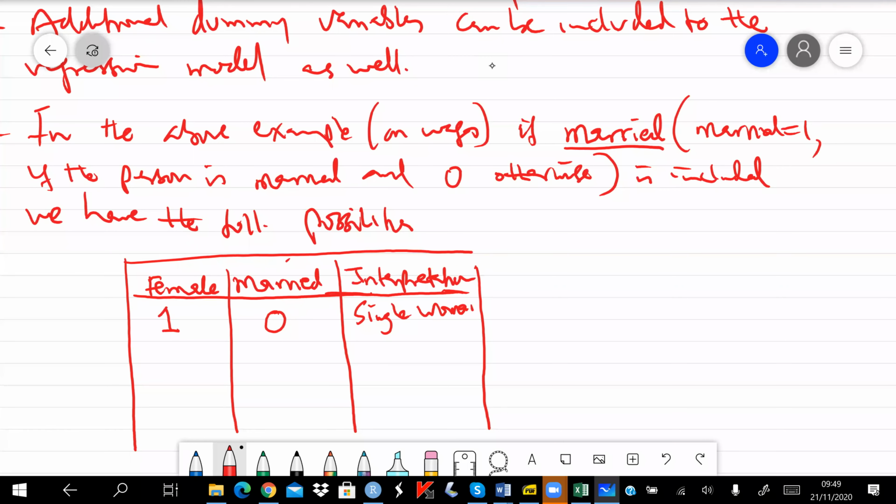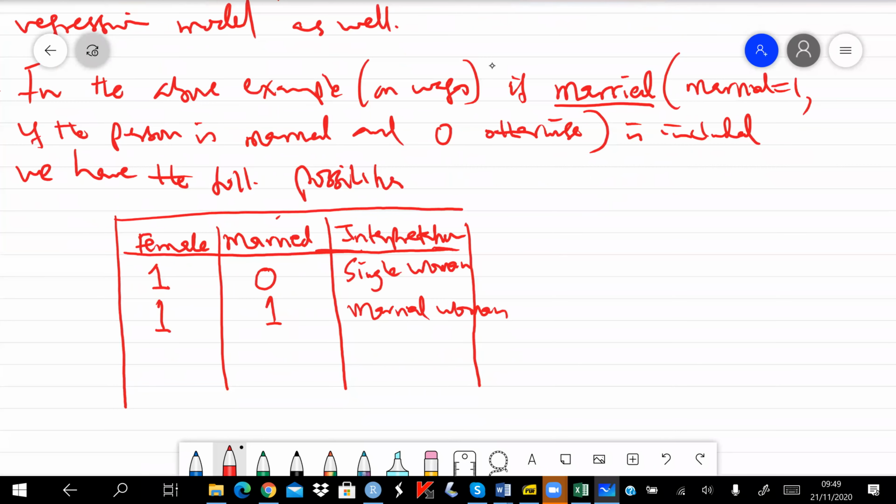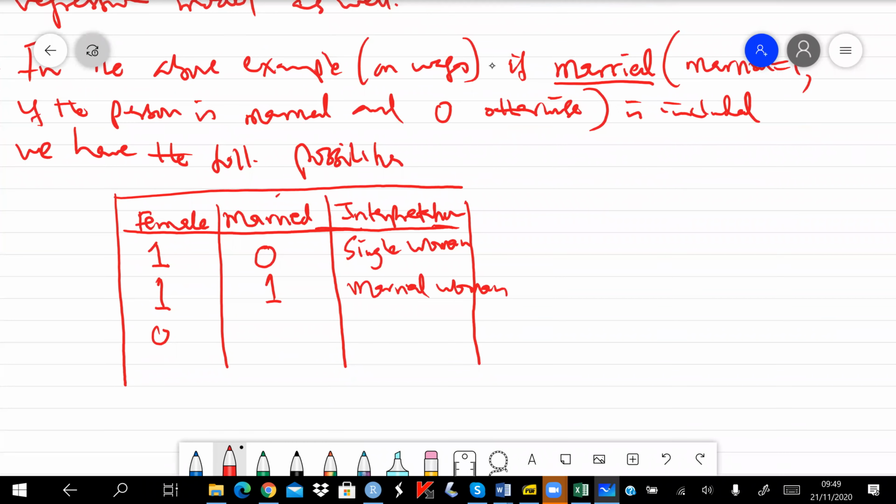Then you can have a person who is female, but they are married. So this is a married woman. Then you can have a person who is not female. They can also be married, yes.